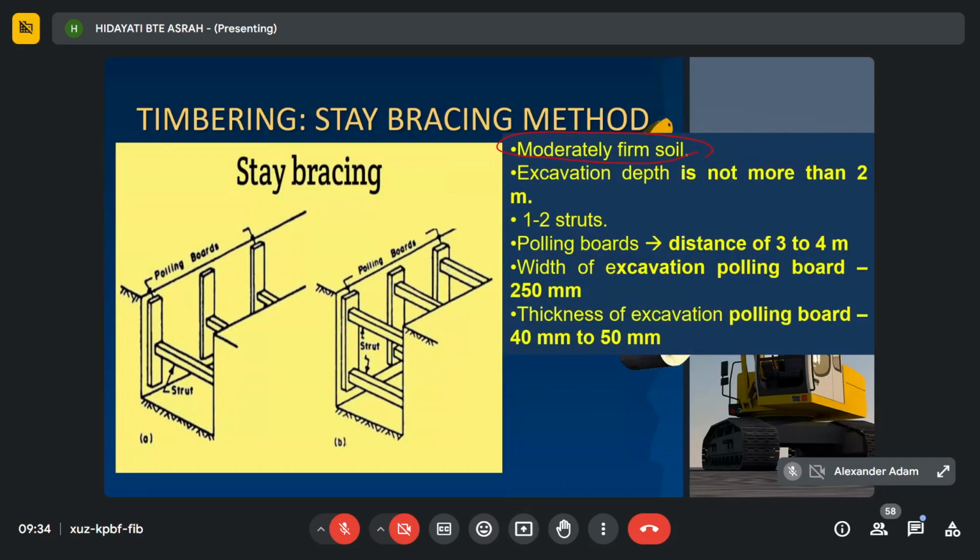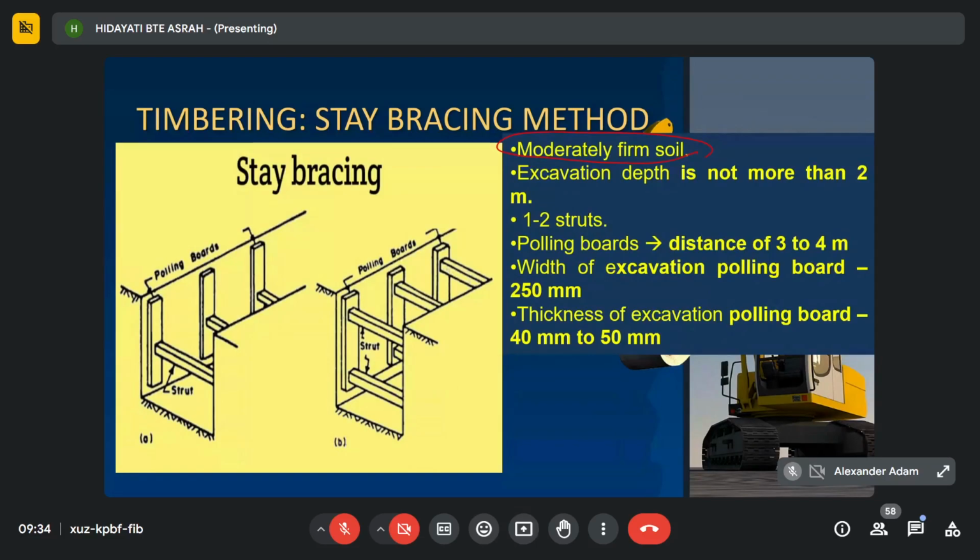If it is less than 1.5 meters, what type is suitable? So you have to consider these two: the type and condition of your soil, and the excavation depth. If the soil is moderately firm and the excavation is not more than 2 meters, then you can use this stay bracing timbering.